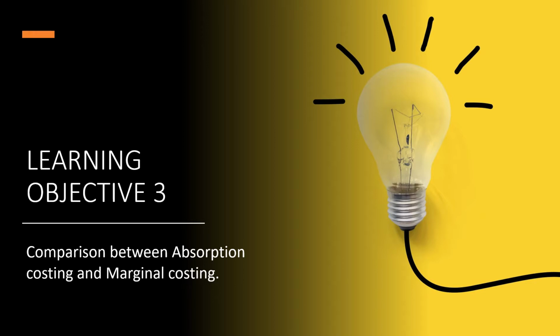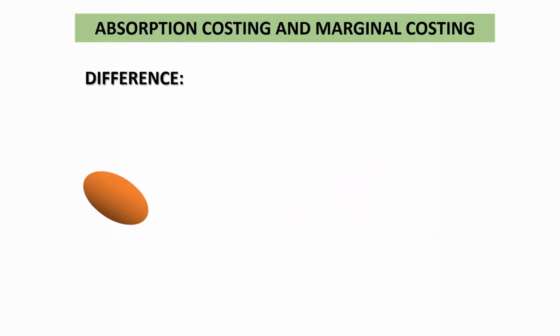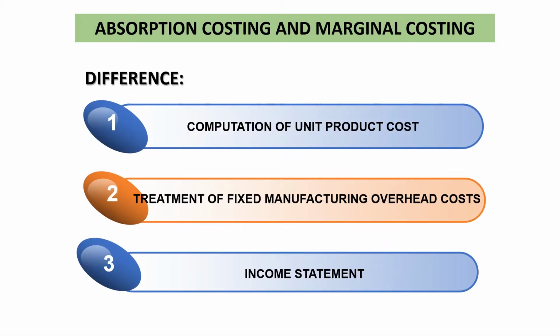Learning Objective 3. Comparison between absorption costing and marginal costing. The difference between absorption costing and marginal costing. Remember we had learned the difference in computation of unit product cost and treatment of fixed manufacturing overhead costs in Part 1.